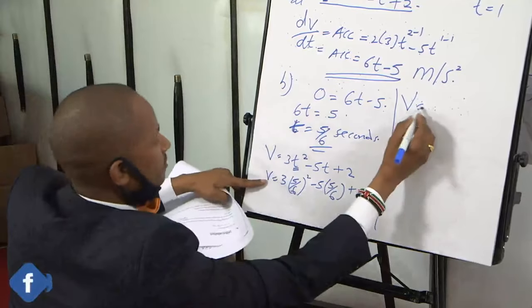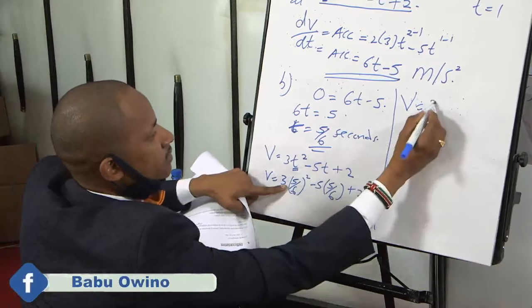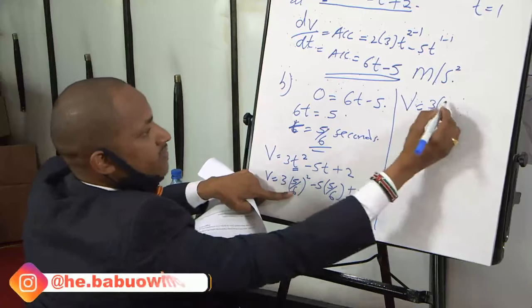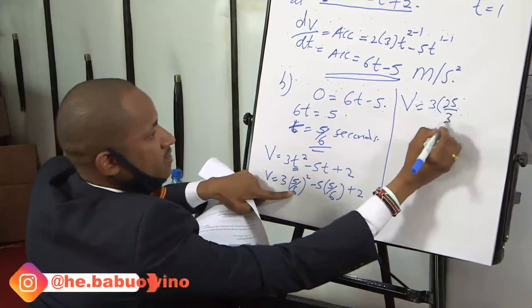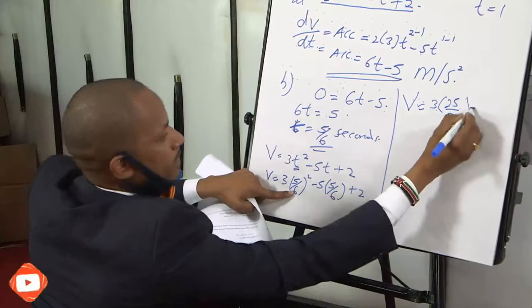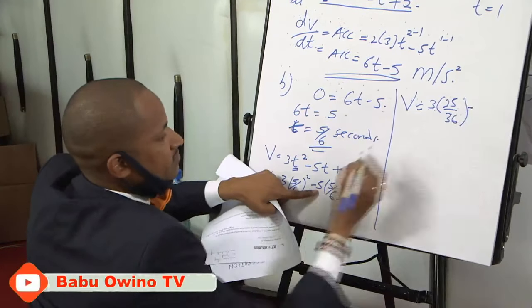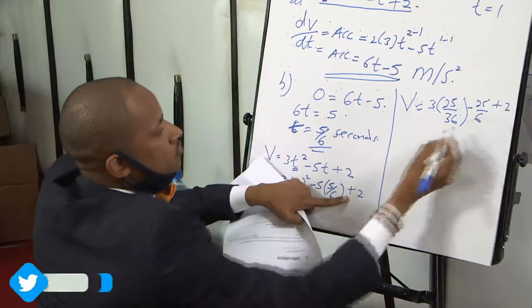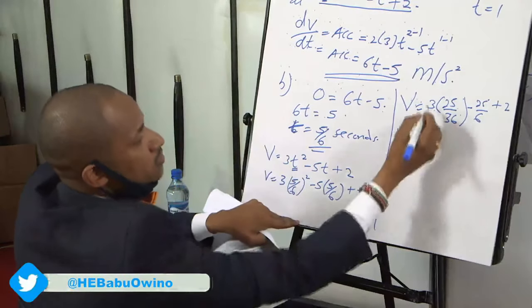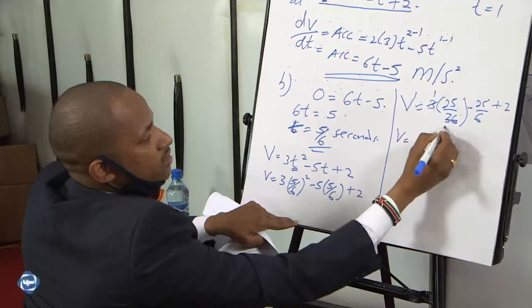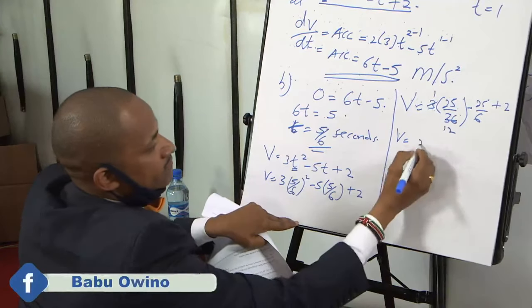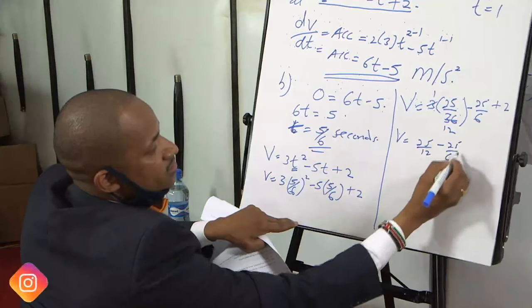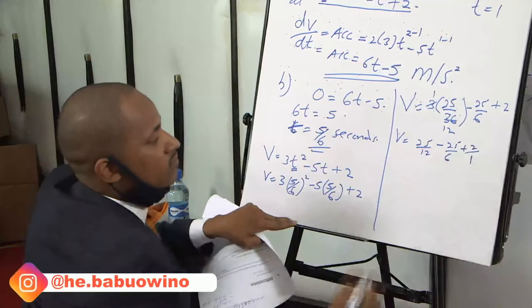So velocity equals 3 times 5 squared over 6 squared, 5 squared is 25, 6 squared is 36, minus 5 times 5 is 25 over 6 plus 2. 3 goes into 36 twelve times. So we have 25 over 12 minus 25 over 6 plus 2 over 1.